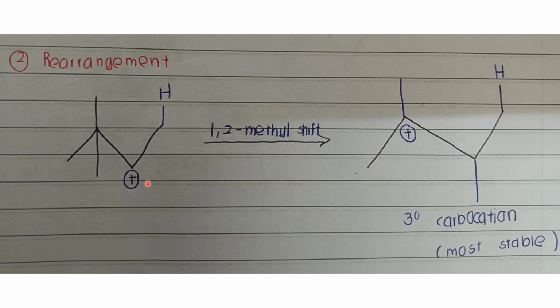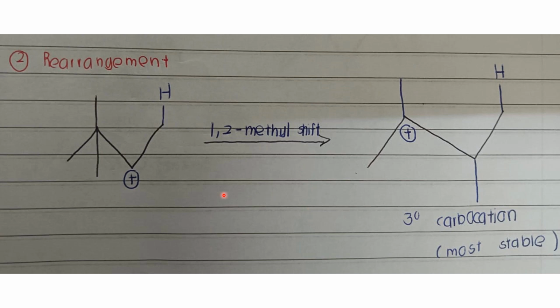Because if the positive charge stays here, it is only a secondary carbocation, but if it changes with the methyl, it will form a tertiary carbocation, which makes it more stabilized. We call this process, where the positive charge changes position with the methyl group, a 1,2 methyl shift. By following the 1,2 methyl shift, a more stable carbocation is created.